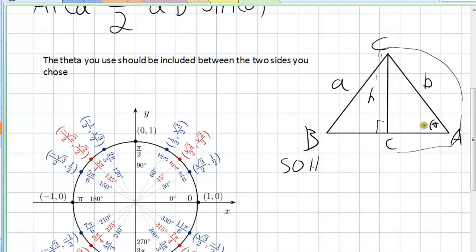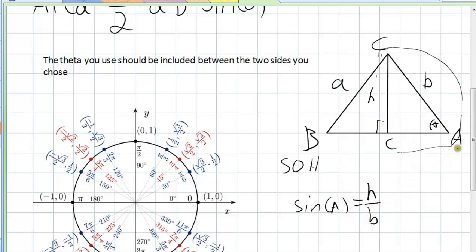And the hypotenuse for this triangle and this angle is over here, B. So the sine of A, this is angle A, is equal to the opposite, which we said was the height, over B, which is in our case the hypotenuse.